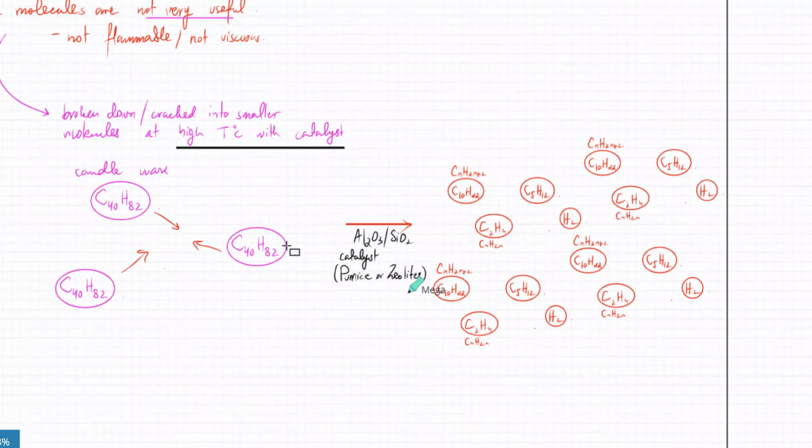The big molecules are literally cracked to give you these smaller, tinier molecules, and these smaller molecules are more useful. Why? Because they're more flammable, and they've got lower boiling points as well, so they flow easily. So they're more useful and more flammable.